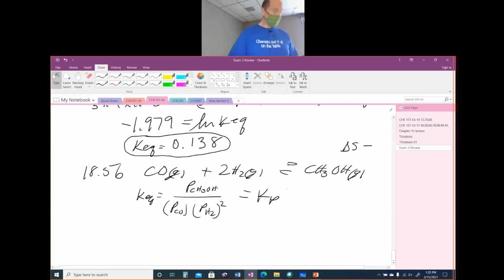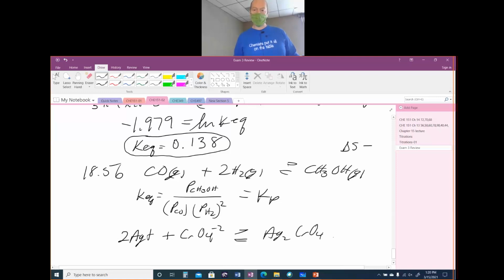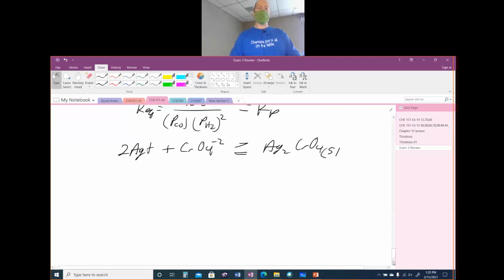For part B, it is 2 Ag plus and CrO4 2 minus going to Ag2CrO4 solid. Your products, solids, are not included in our equilibrium expression.